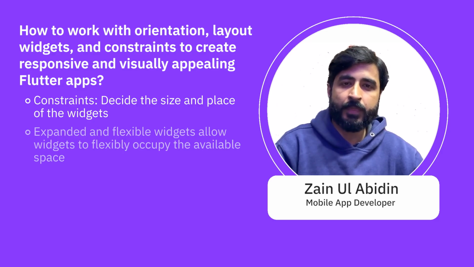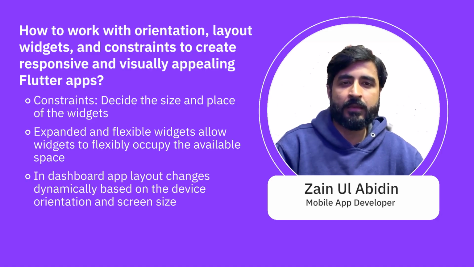For example, using Expanded and Flexible widgets within a flex layout allows widgets to flexibly occupy the available space, creating responsive design. A practical example would be a dashboard app where the layout changes dynamically based on the device orientation and screen size, ensuring that the content is always accessible and visually appealing.